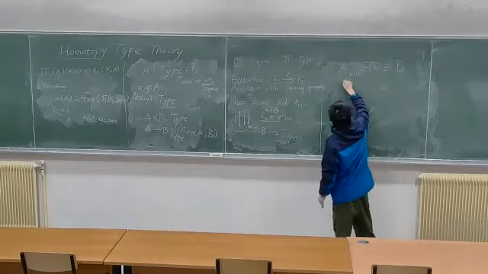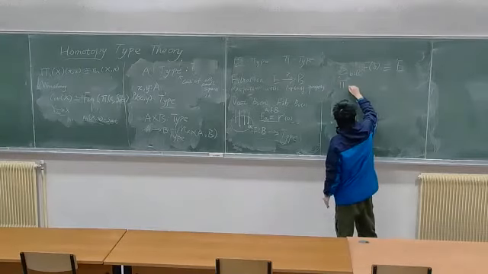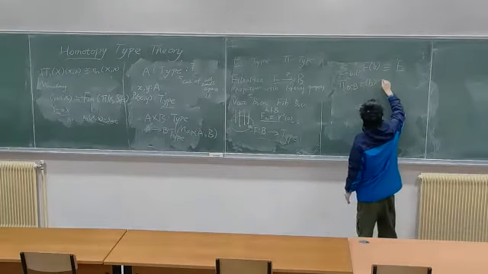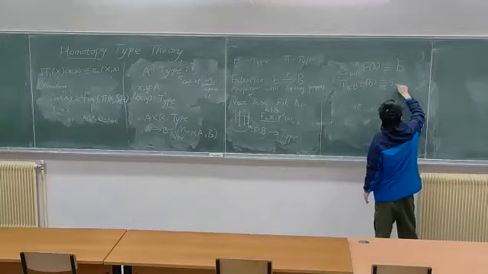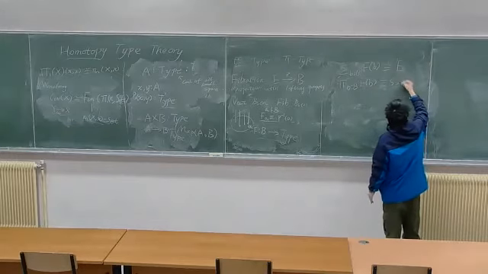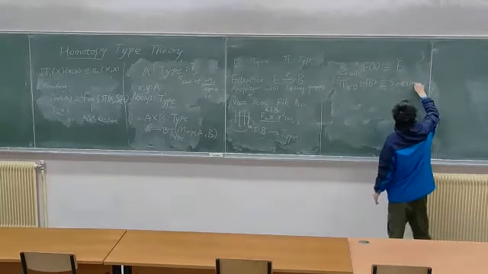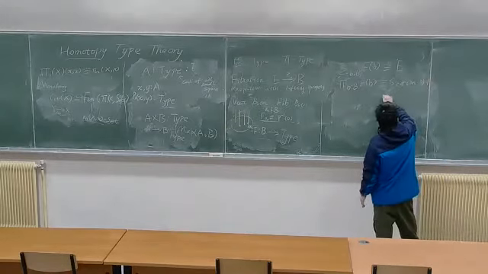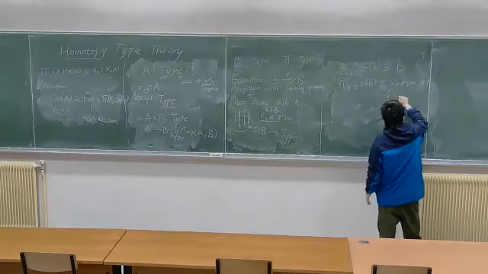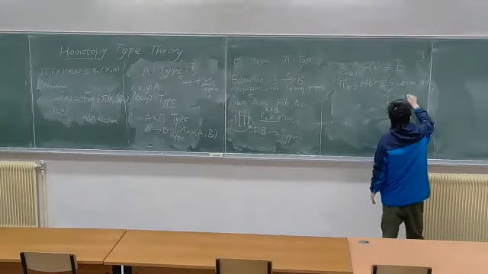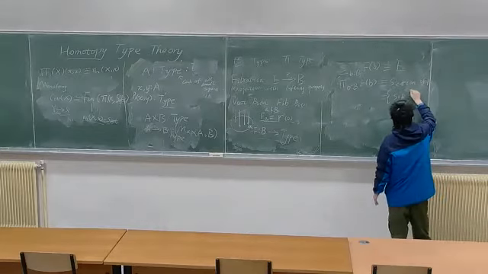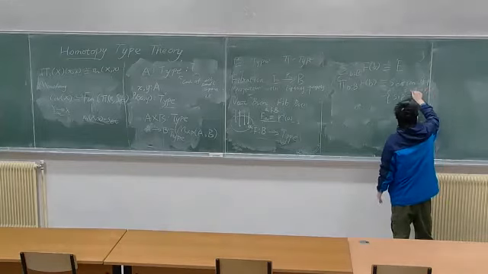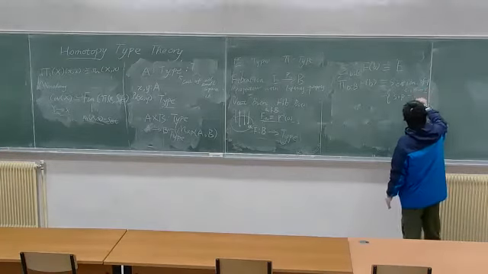And there is a notion called the pi type. So it's just the section. Section of P. So it's just S such that P composed with S, where S is a map from B to E, and P composed with S is the identity.